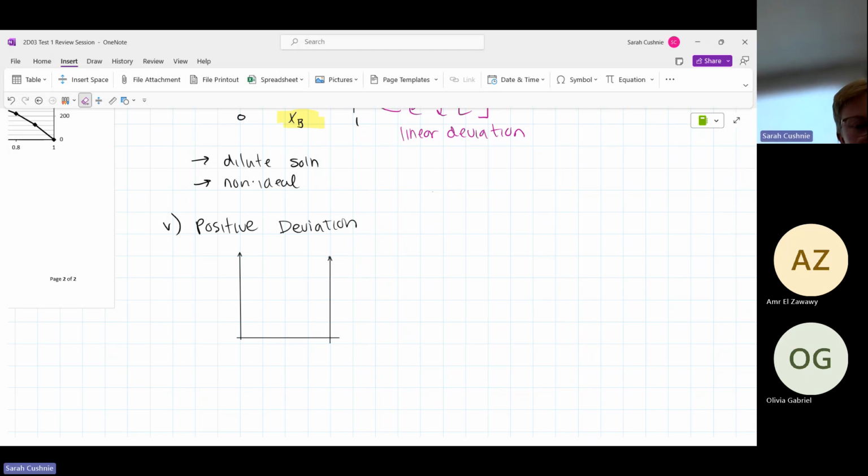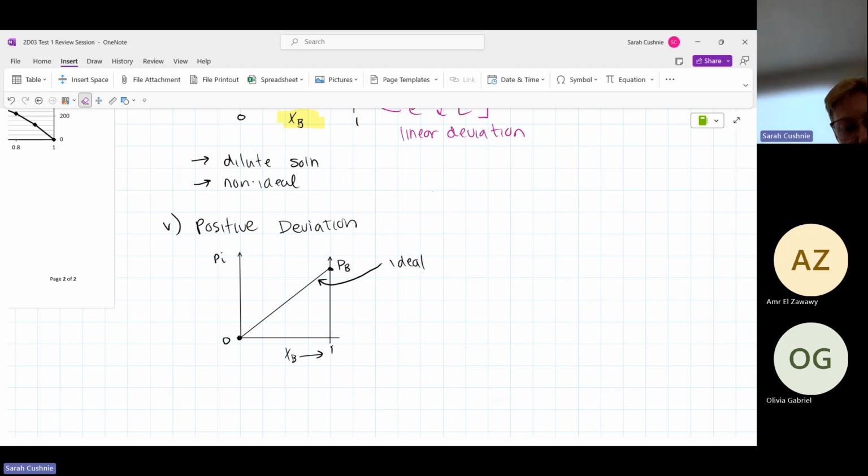So once again, we're going to have the partial pressure. We're going to have XB increasing. And then we're going to draw in black a nice little straight line here. So that line represents ideality. This is the ideal situation because it goes all the way from zero pressure to the pressure of B when it's the only component in the system.